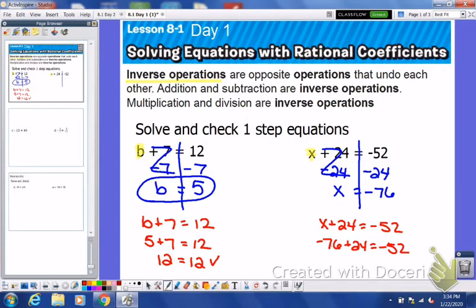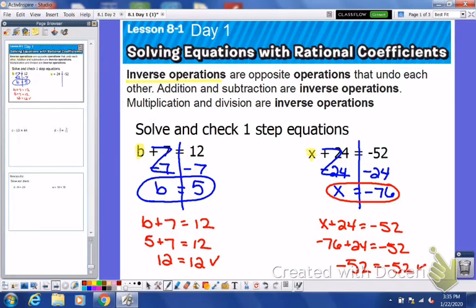So negative 76 plus 24. If I put that in my calculator, or added it in my head, depending on which way you want to think about it, that does give me a negative 52. So negative 52 equals negative 52. It checks out. Solution is correct. Okay, so there's some inverse operations with addition.